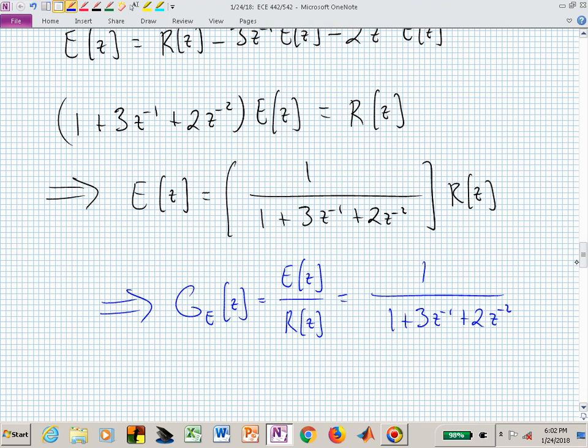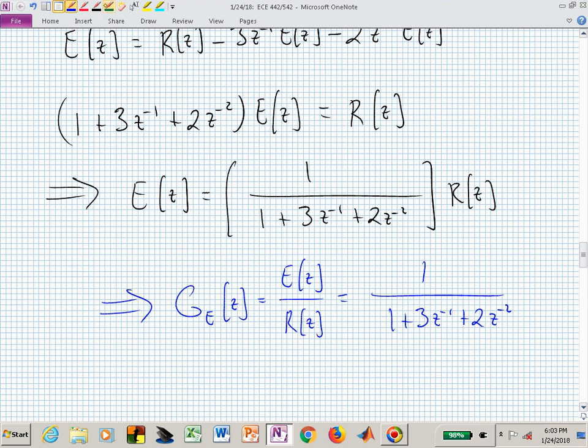And you may not like transfer functions written in terms of z to the minus 1s. You could factor out a z to the minus 2 from all of those terms downstairs, and a z to the minus 2 downstairs is like z squared upstairs. Or you could multiply by 1.